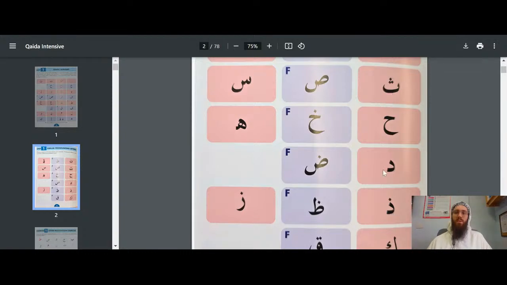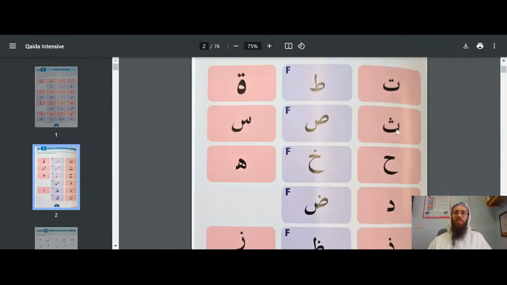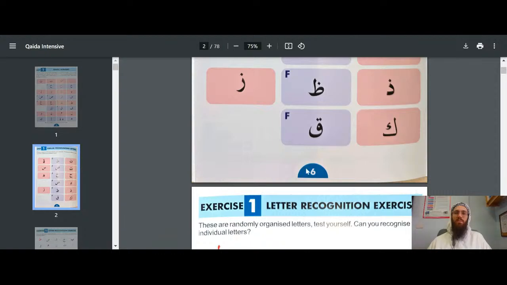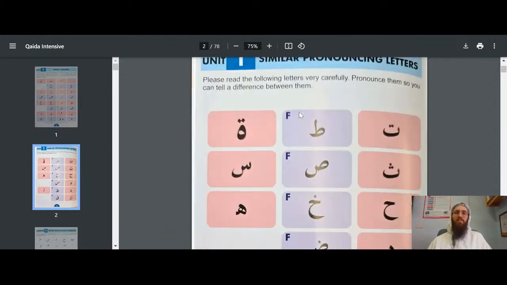So I should say the name of the letter. Tha, Sad, Sin. This makes a Tha. This makes a Sa. It's round. So it's F. Here it's saying it's an F for a full letter, right?